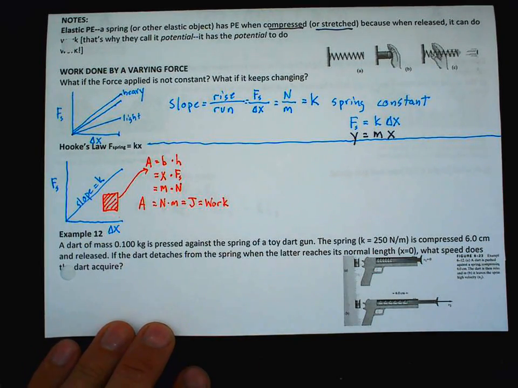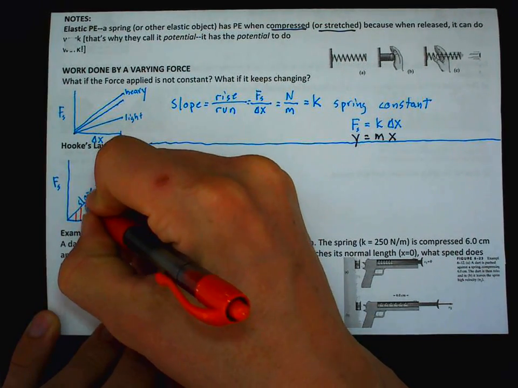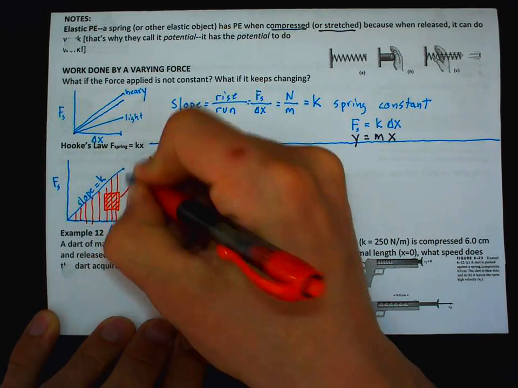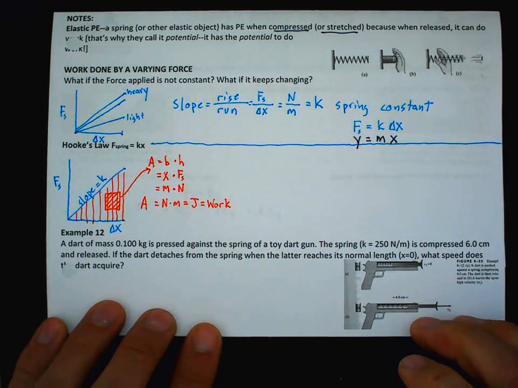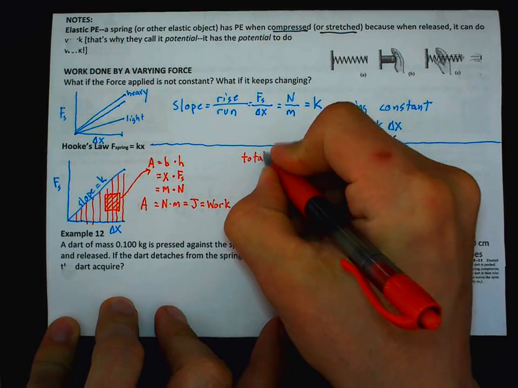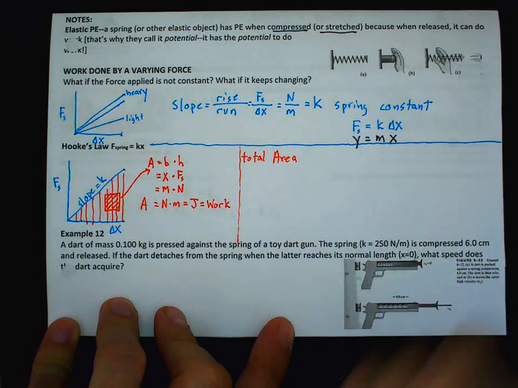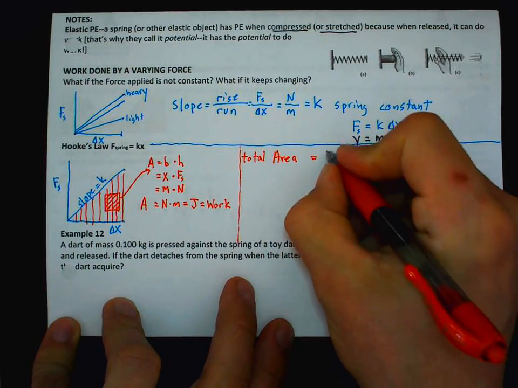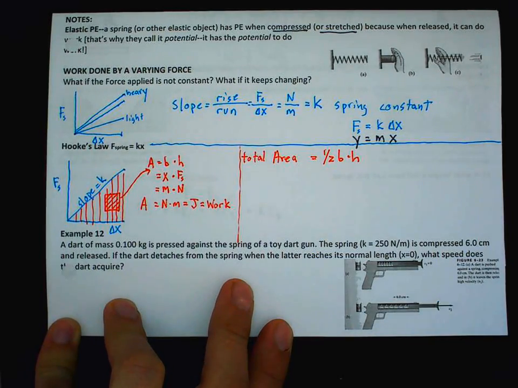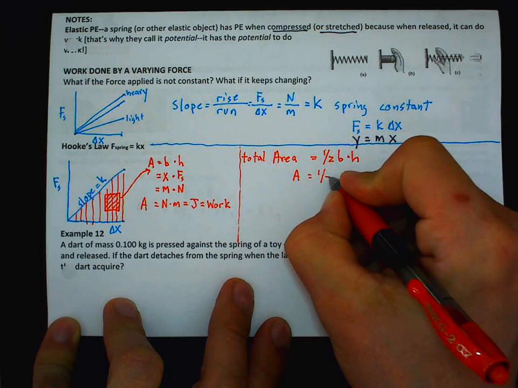So what if we want the total area under here? Let's look at this whole thing. By the way, in calculus, this is an integral. Instead of just looking at a snapshot, total area is one half base times height. This is a triangle. So we're going to say A equals 1/2.